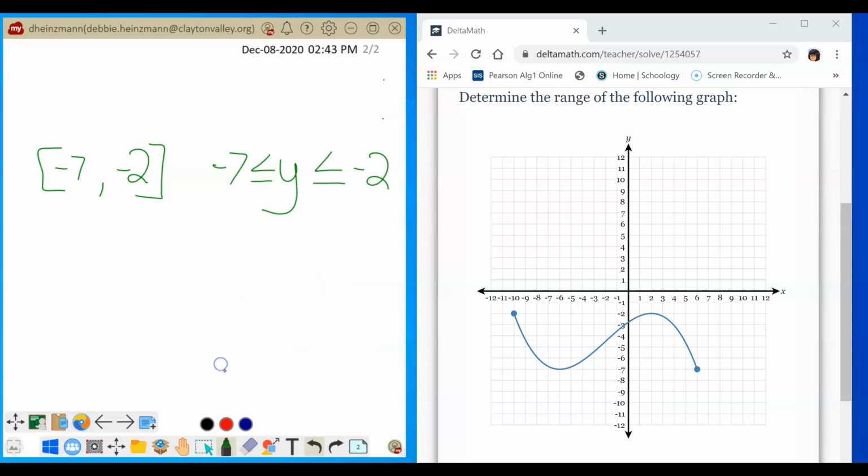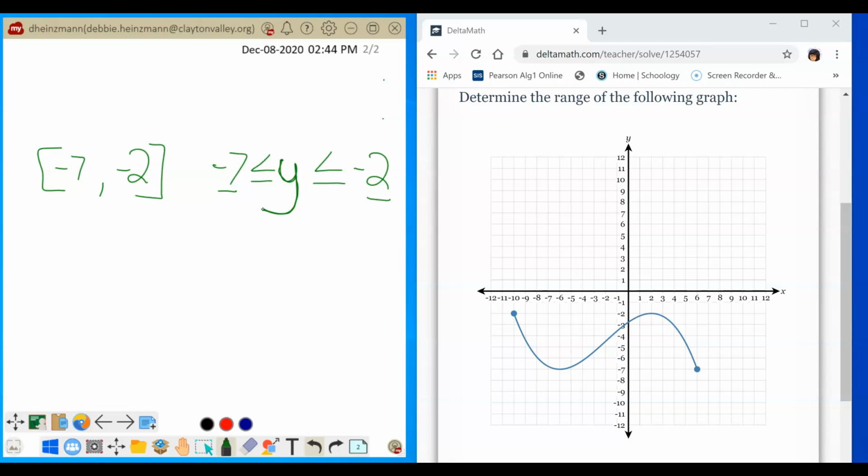But in this particular case, you can see that they're both included, closed circle, point on the line. So our low point's -7, so we start with it. Our high point is -2, so we end with this. You have to have the letter y because we're talking about the set of all y's, the range.